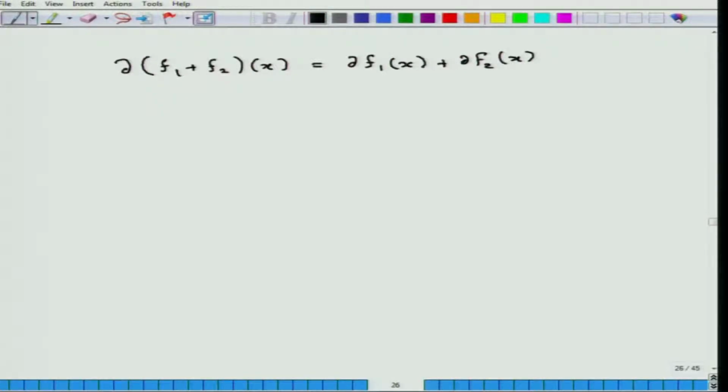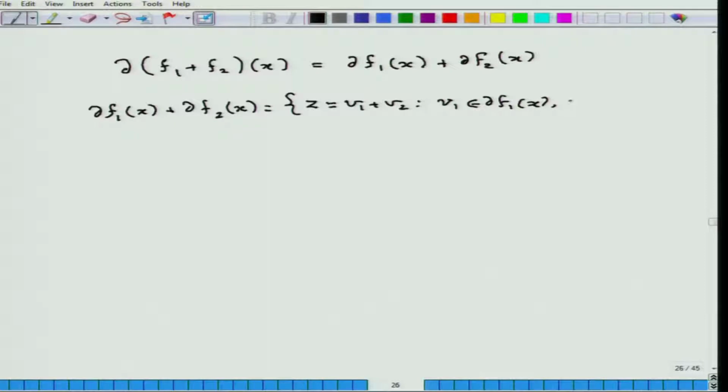So, what is the meaning of this set? This set is a collection of all z which is written as V1 plus V2 such that V1 belongs to del f1 x and V2 belongs to del f2 x.